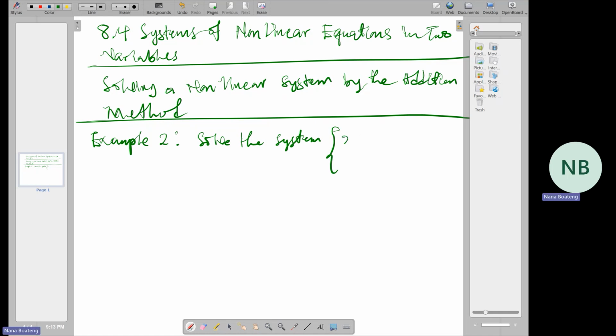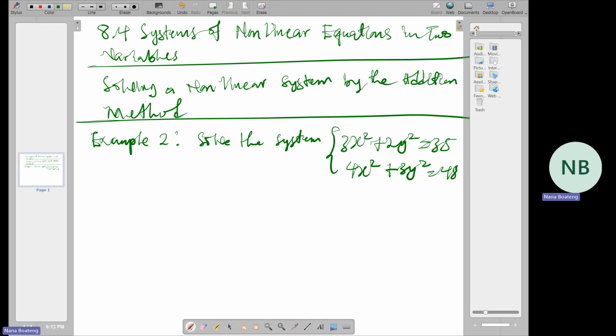We have 3x squared plus 2y squared is equal to 35. We have 4x squared plus 3y squared is equal to 48.